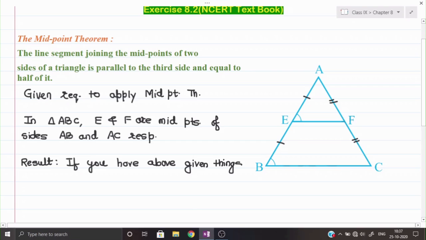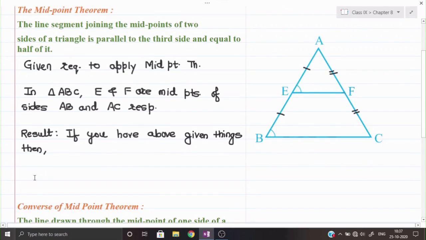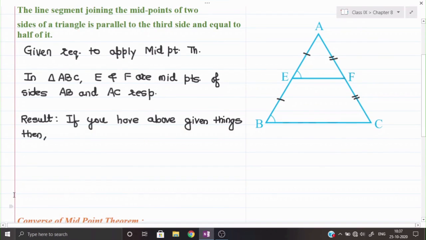See, the line EF you are observing: EF will be parallel to the third side. Who will be the third side here? Two sides we have already taken with midpoints, so the third side, whose midpoint we have not taken, is called the third side. So EF and BC will always be parallel.